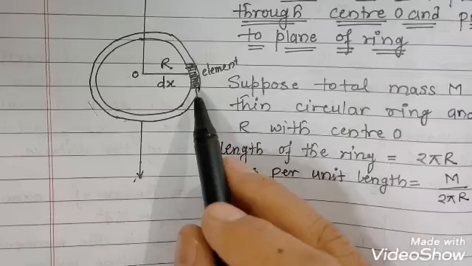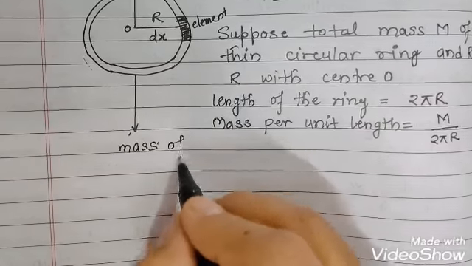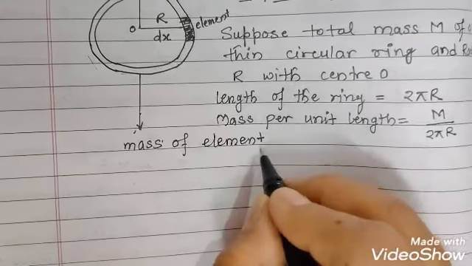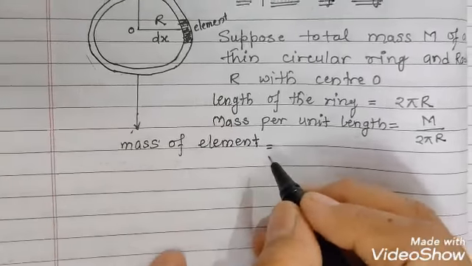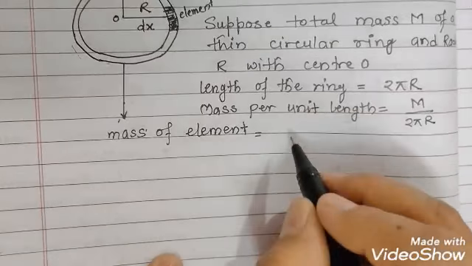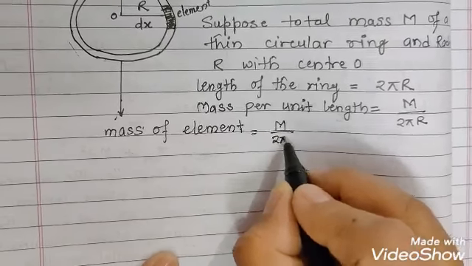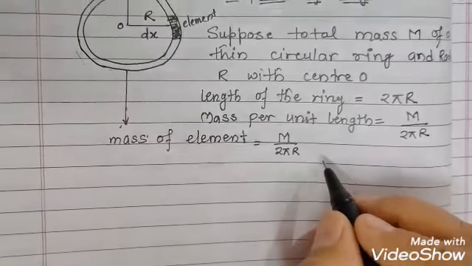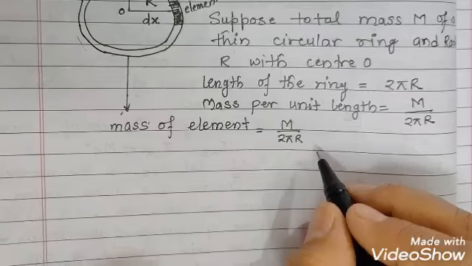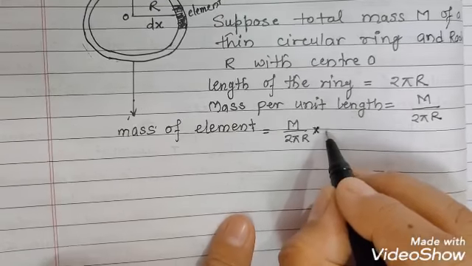The mass of the element which we have chosen here will be equal to the mass per unit length, m upon 2 pi r, multiplied by the length of the element, which we consider as dx.